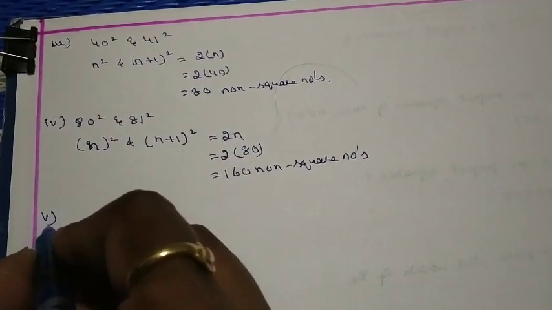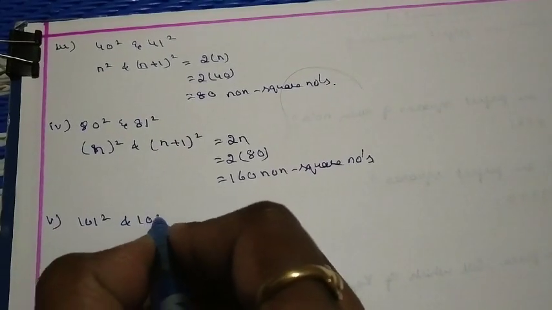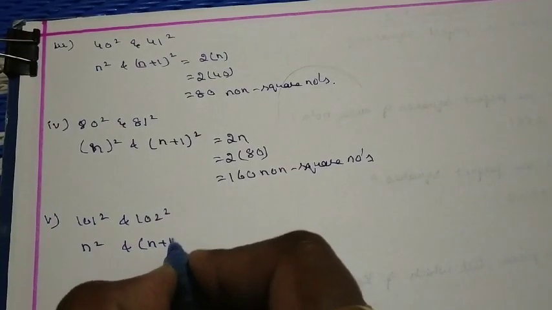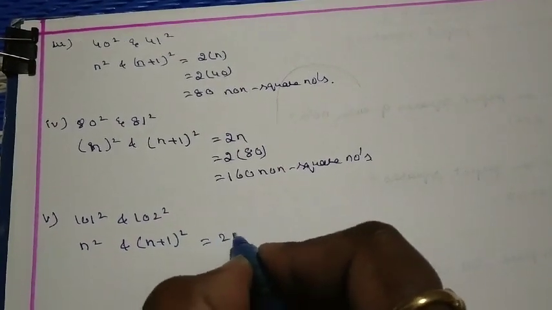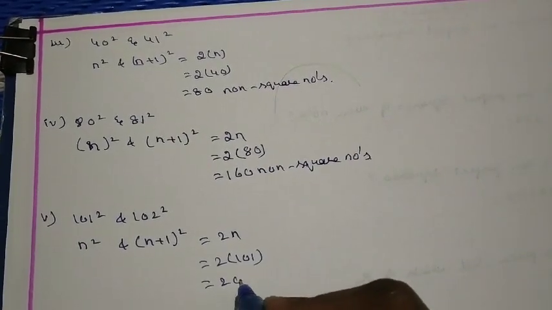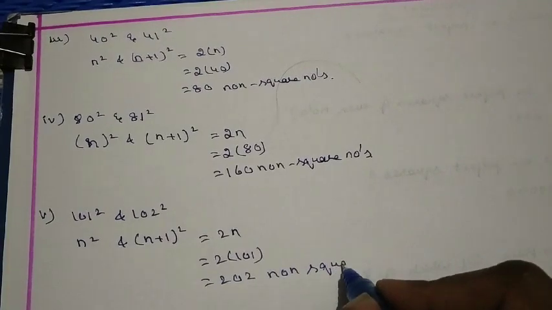Next, the fifth one, 101 square and 102 square. So between n square and n plus 1 square there are 2n. So 2 into 101 is 202 non-square numbers.